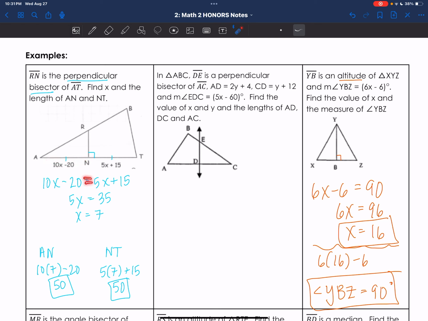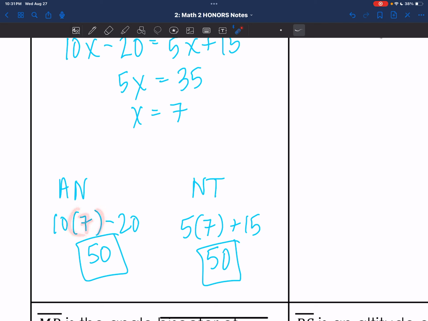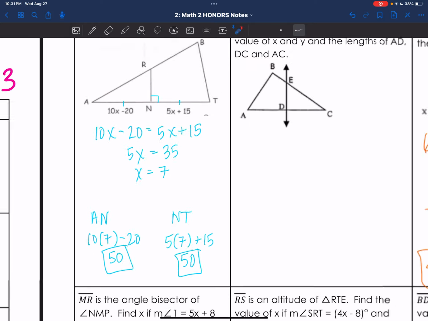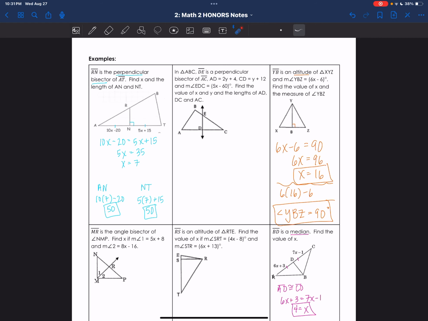I put the equal sign here, solved for x, and got 7. Now that we know x is 7, wherever we see x, we plug that in. So 10 times 7 minus 20 means AN is 50. For NT, we plug in 7 there: 5 times 7 plus 15 is 50. So NT is 50. Those are important things to look out for.